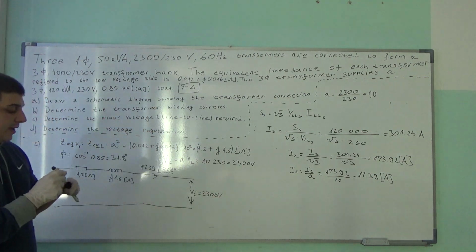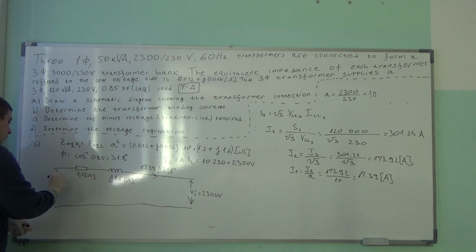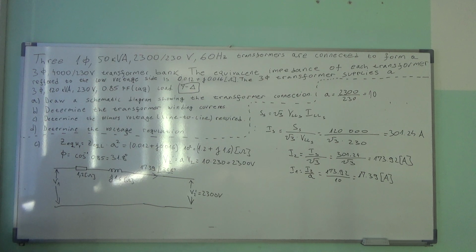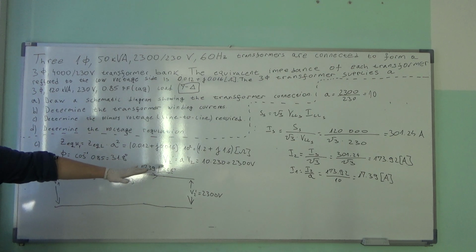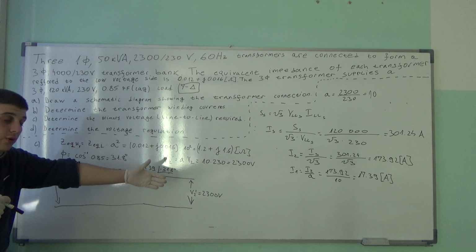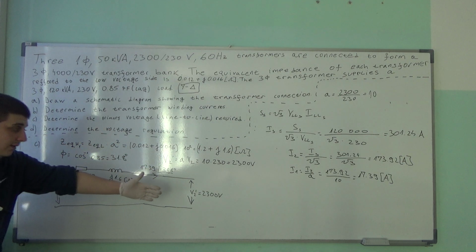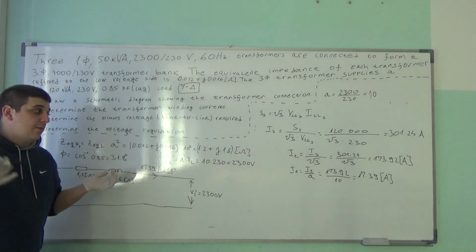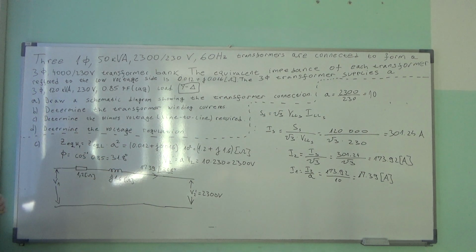Now we have to calculate what is V1, the primary line-to-line voltage required, so that we will have an output of 230 volts, but this is just referred to the high voltage side. We did this already in my previous lectures.